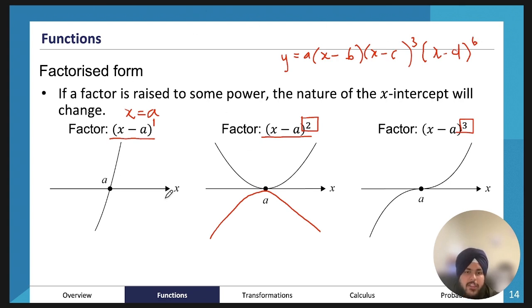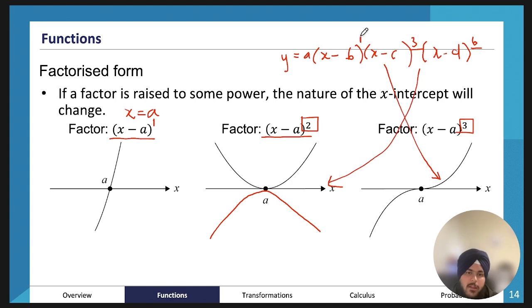Another thing that you need to know is if it's an even power, for example, squared or to the power of 6, we are going to produce something like a quadratic at that particular point when it crosses the x-axis. If we have an odd power, for example, cubed, to the power of 5, to the power of 7, and so on, we're going to have a stationary point of inflection, except for positive 1.